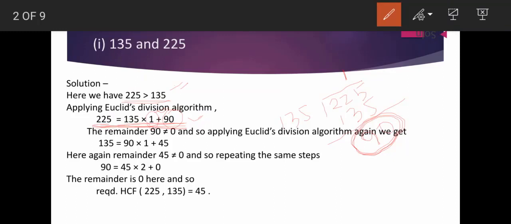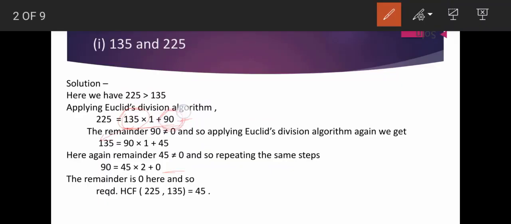One thing we should remember here is that to get the HCF following Euclid's division algorithm, it is essential to reach a step where the remainder comes as 0. So in the first step, as we got a non-zero remainder, that is 90, we have to repeat the same steps once again, in which 135, the divisor of step 1, becomes the dividend in step 2.